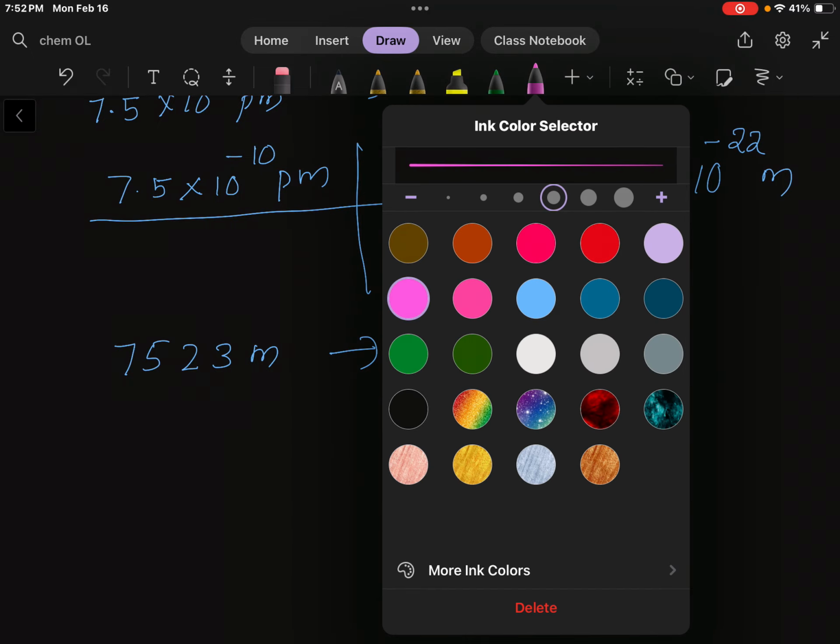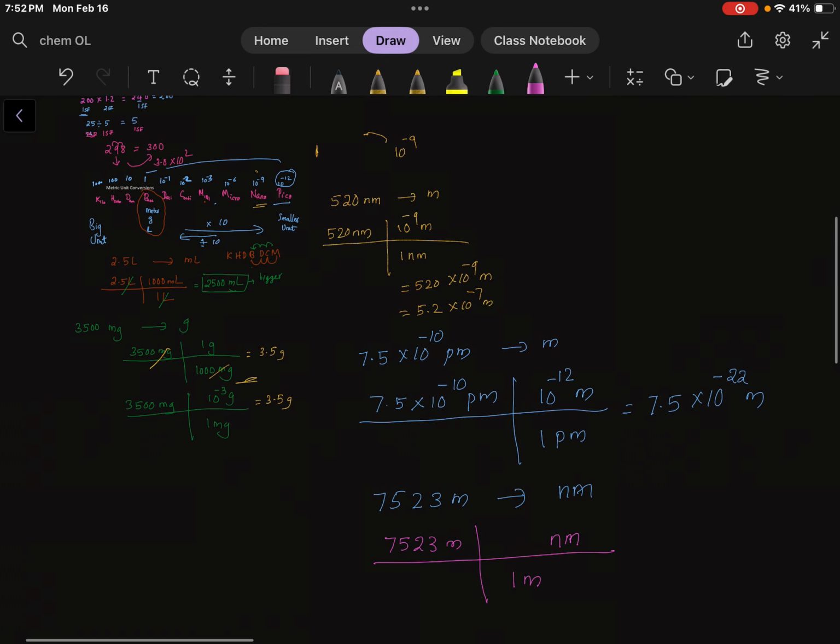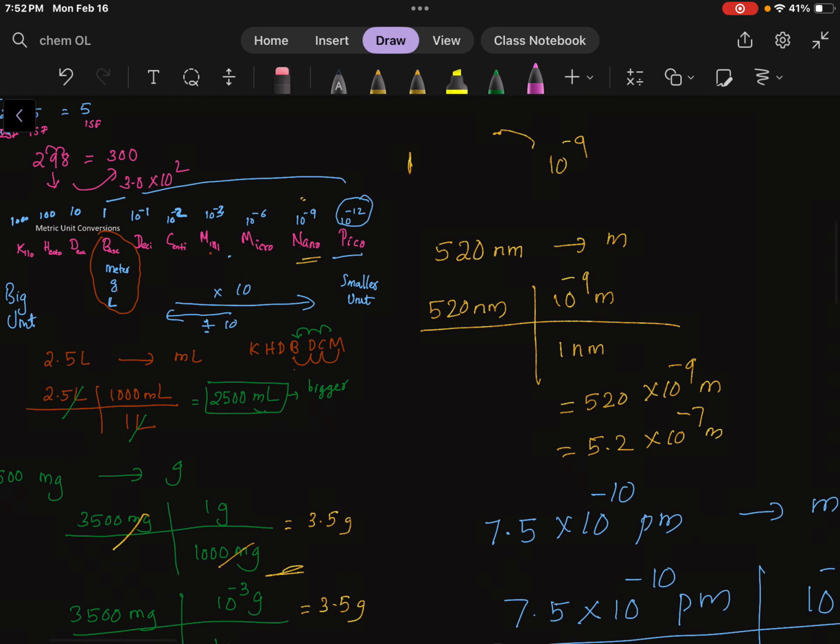Let's see. So I'm going to write 7523 meter, and you can write, I have 1 meter is equal to how much nanometer is that.